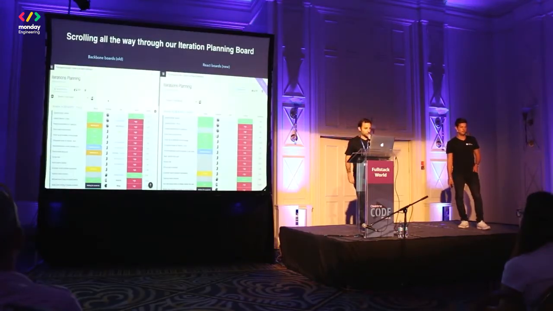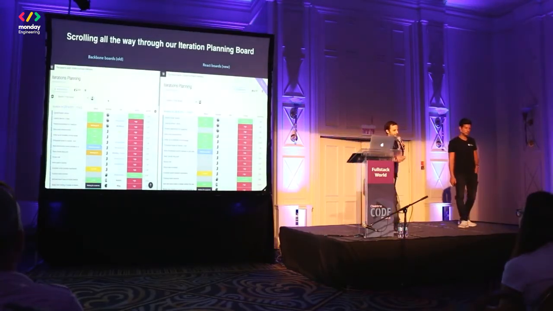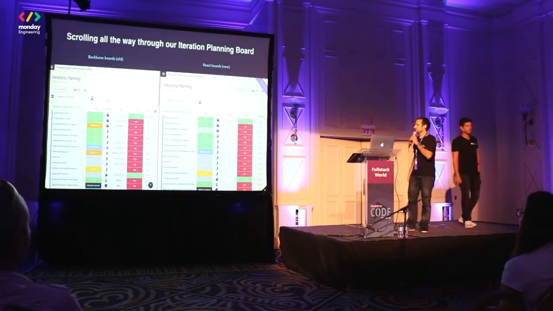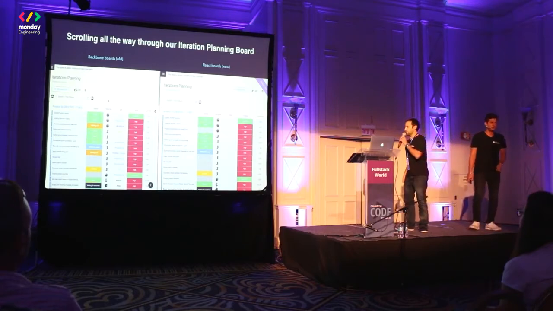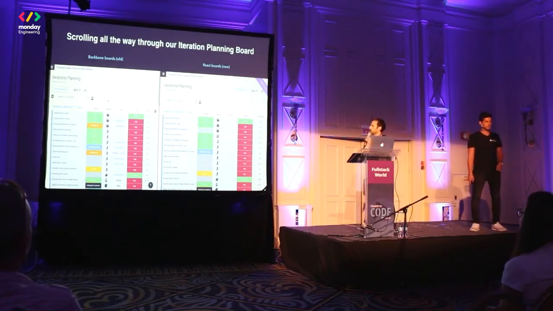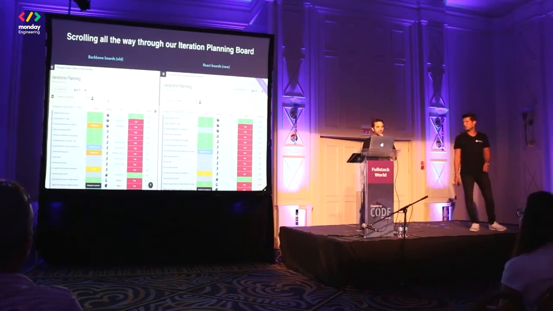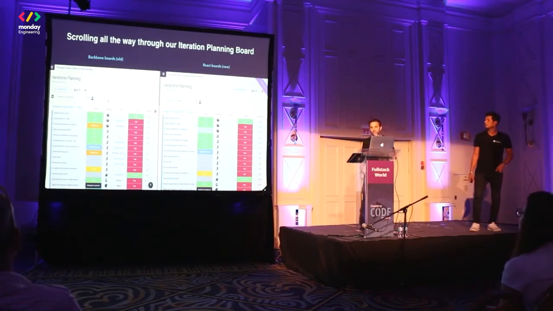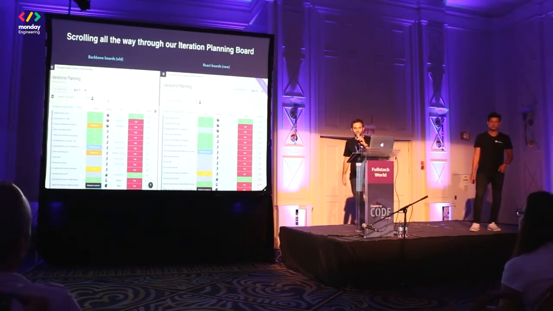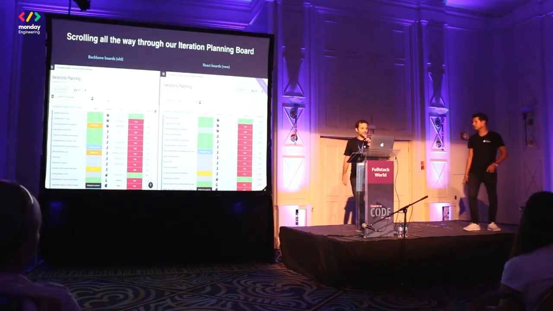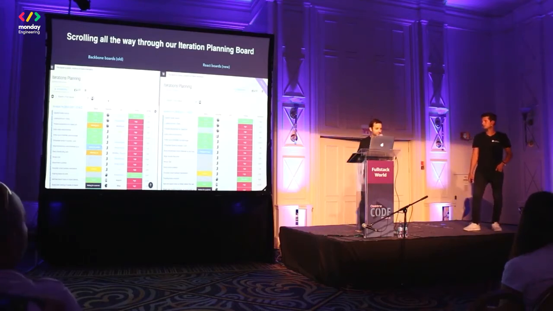If we jump straight to the end of the story, you can see on the left side our current implementation of the Backbone boards, and on the right side our new implementation in React. It's still ongoing. We are developing it in production. I want you to pay attention to the following example.